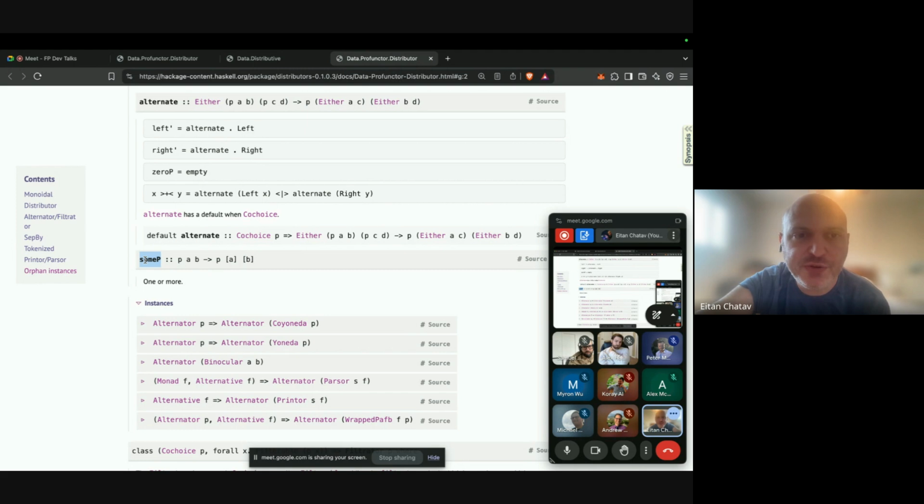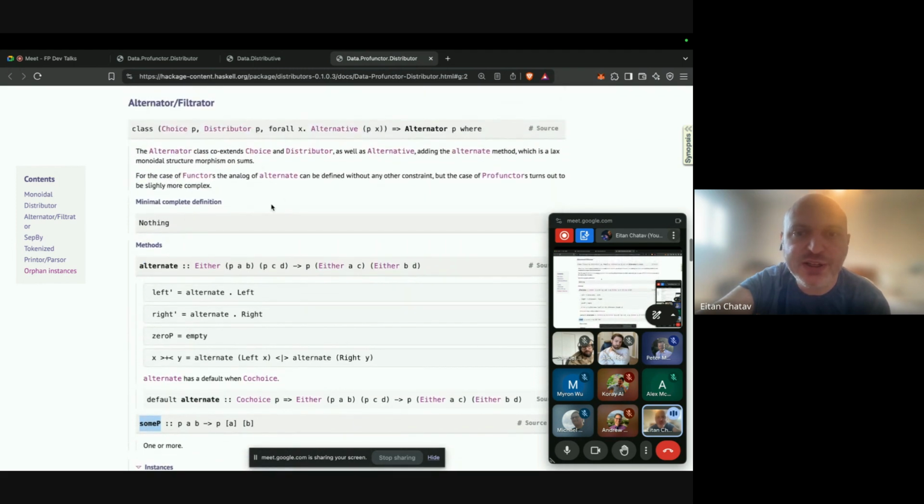Okay? And so the main thing to think about here is that for profunctors, we're a little bit more complex because we have to distinguish between distributors and alternators. Whereas for functors, there was no distinction. They were equivalent, right? We saw that in the last slide.